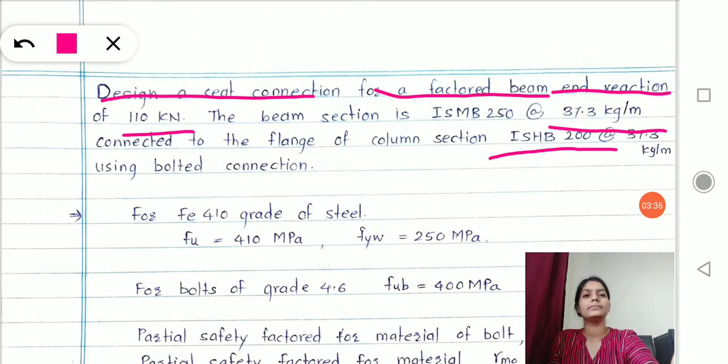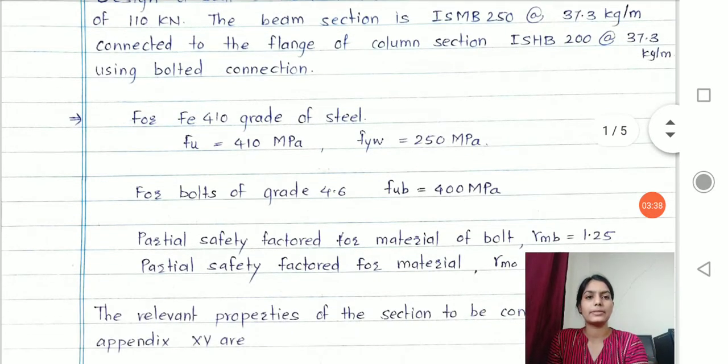Now if we go for the steps, the very first step is enlisting all the properties of the given two sections. First section is ISMB 250, second one is ISHB 200.